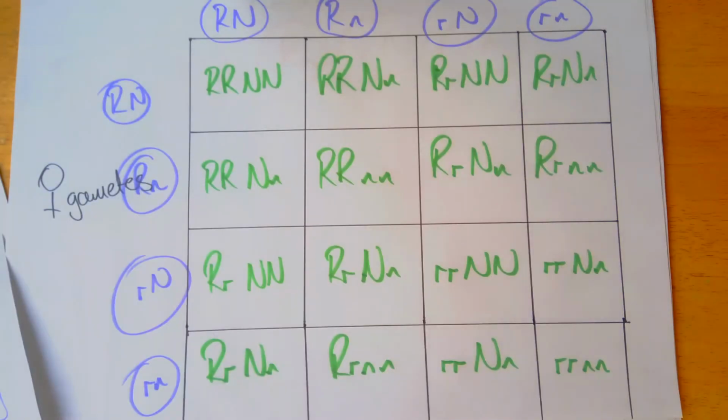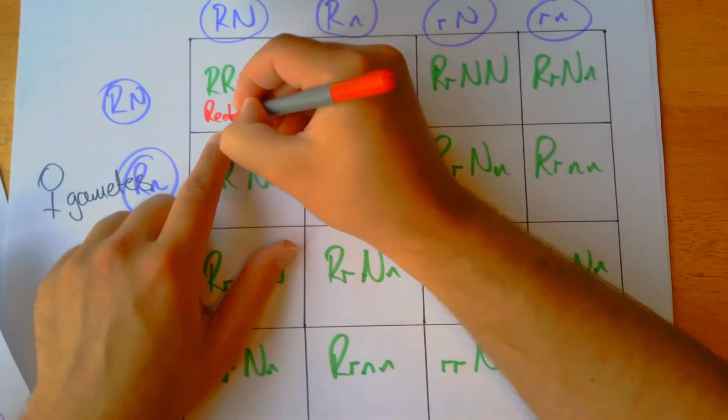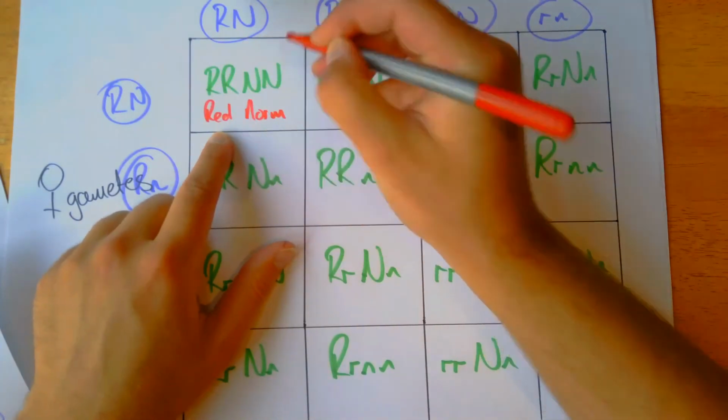So we need to look at the phenotypes of each of these possible matches. Here we're going to have red and normal. Actually, do you know what I'm going to do?